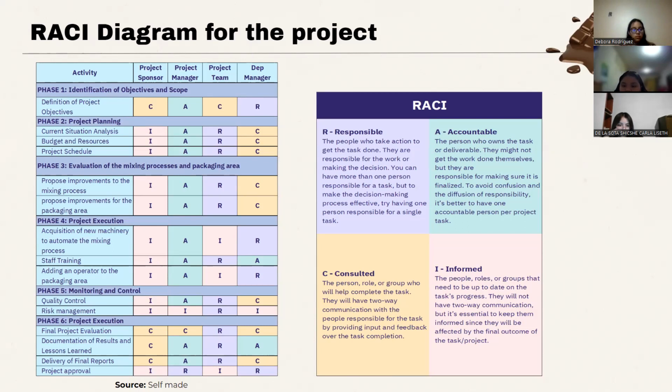In phase 2, the responsible is the project team. The person informed is the project sponsor, and the consultant is the project management. In phase 3, evaluation of the testing process and packaging area, the responsible is the project team, and the consultant is the debt management.